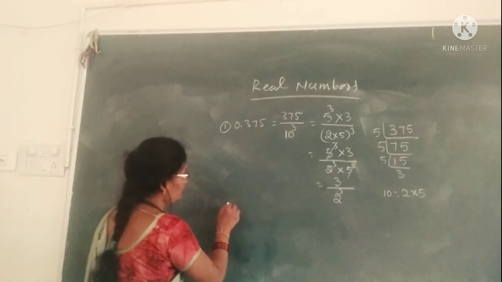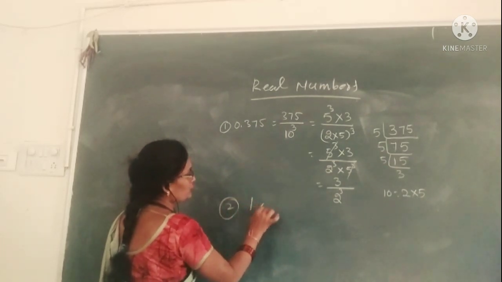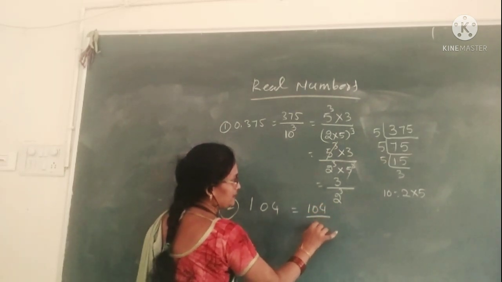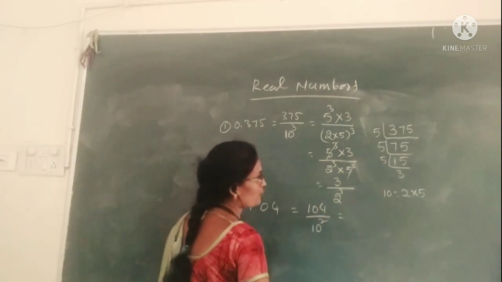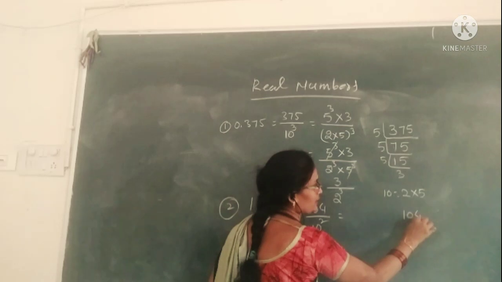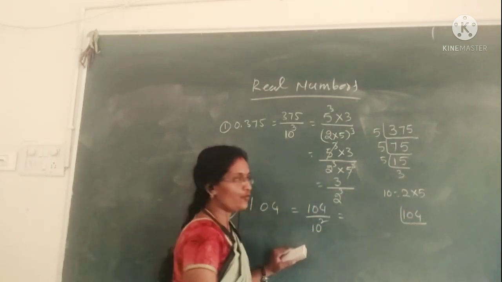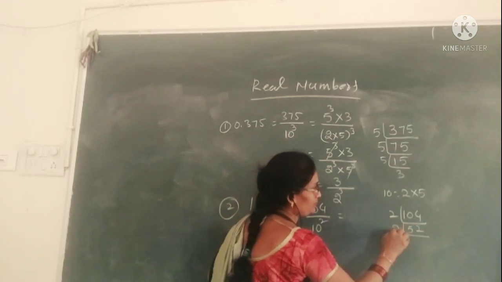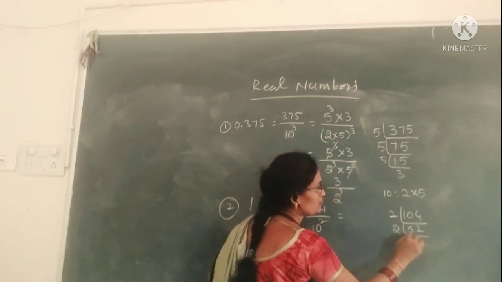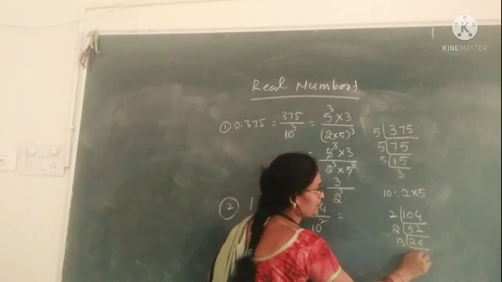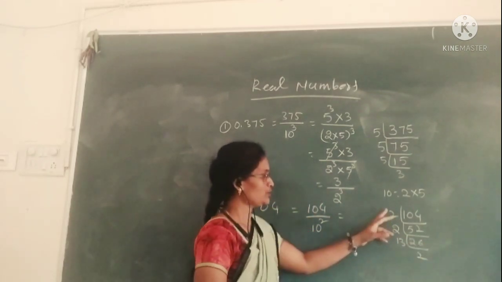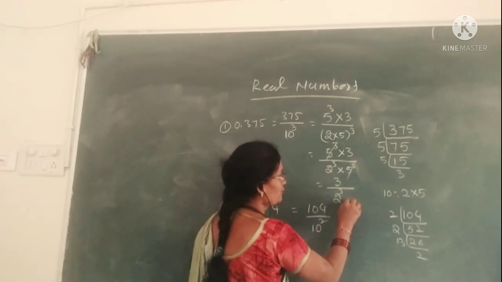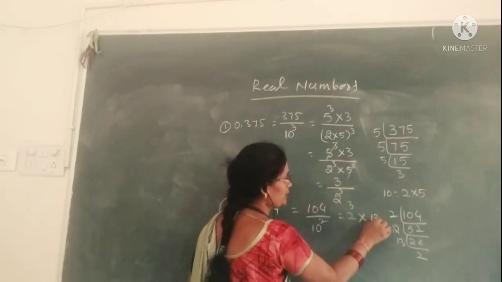Another example: 1.04, that means 104 by 10 square. We use the division method for 104: 2 fours are 8, then 2 twos are 4, 2 sixes are 12, then 13. So 2 into 2 into 2 into 13, which is 2 to the power of 3 into 13.